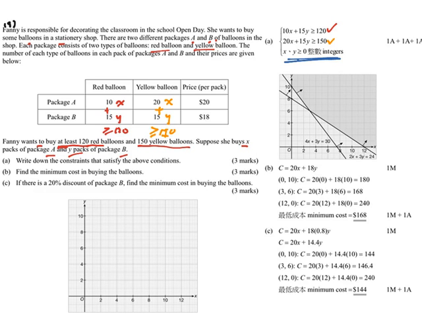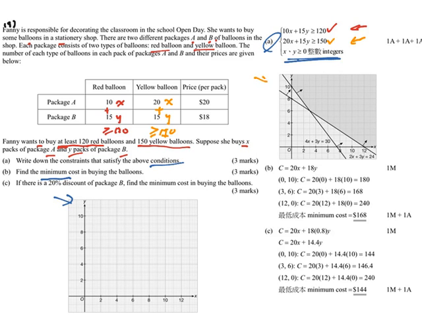So the constraints are part A. Part B, you need to find the minimum cost. So you need to make use of this graph. You need to plot these two equations, this equation and then this equation.